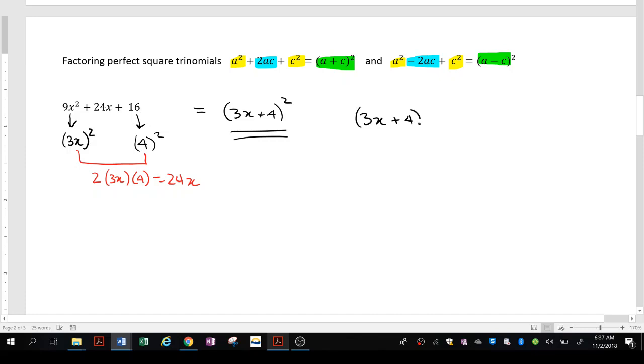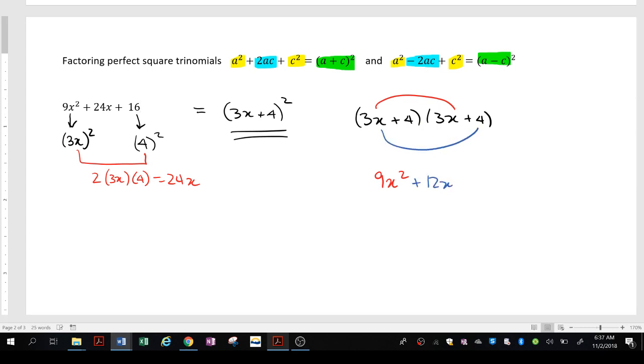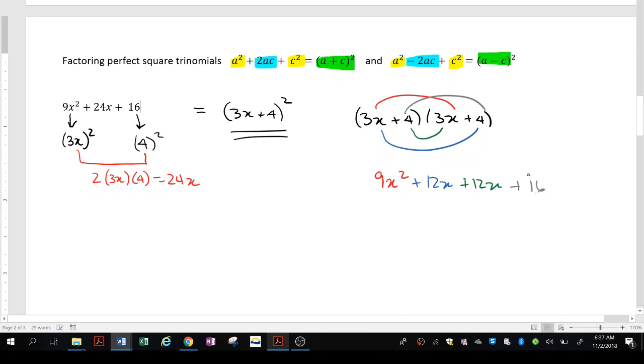So let's go ahead and do that. 3x plus 4 times 3x plus 4. And when we FOIL, we get 9x squared plus 12x. Now notice here again we're getting another plus 12x and then plus 16.